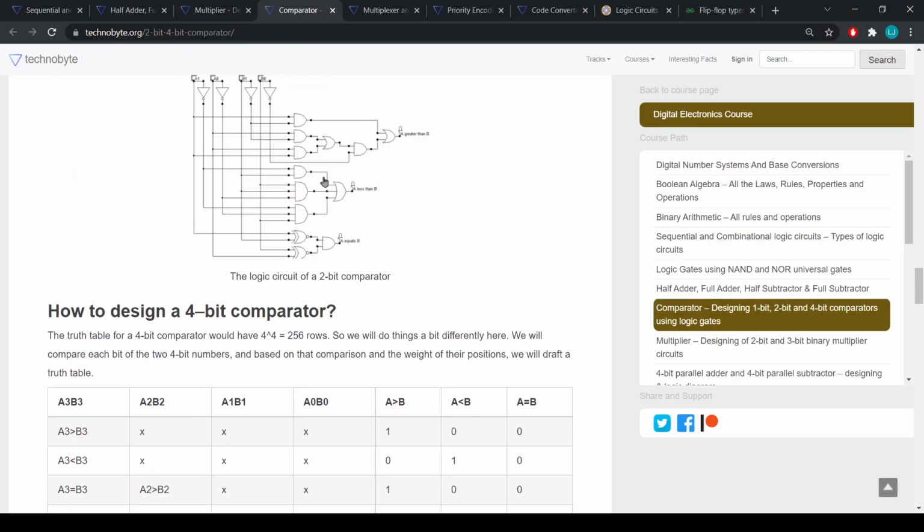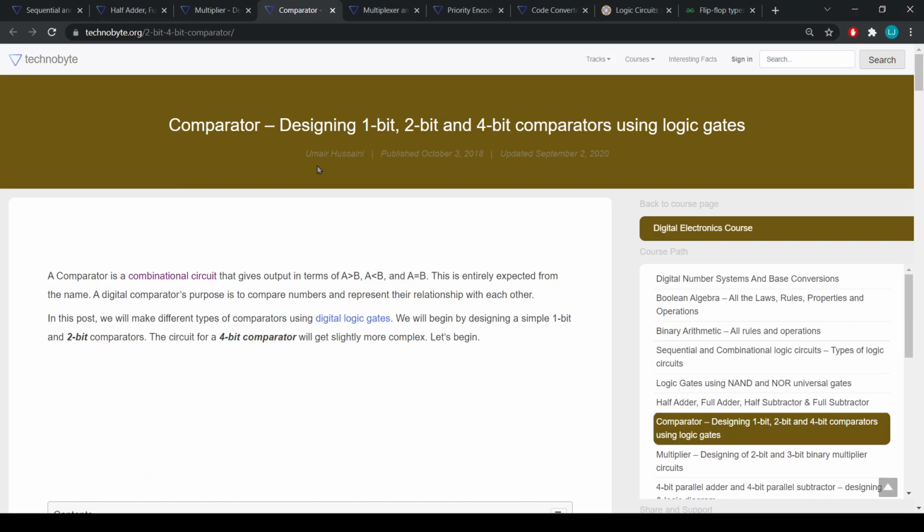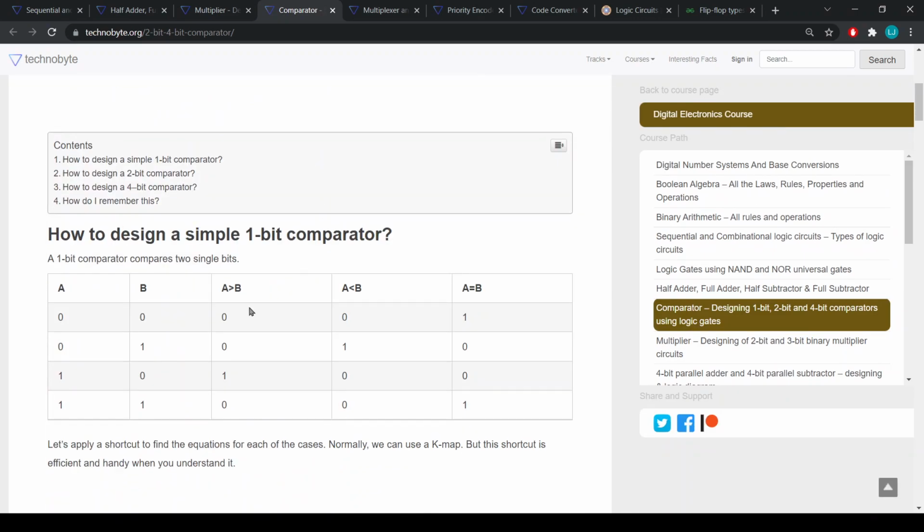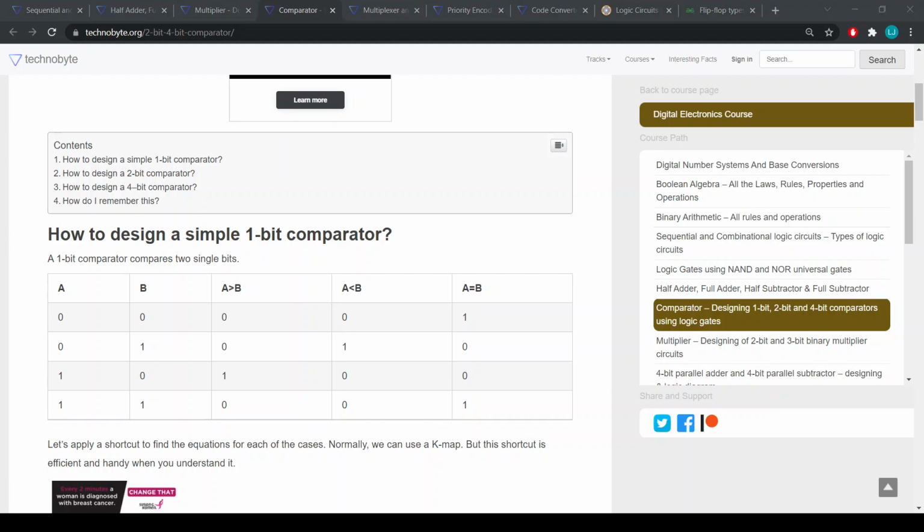For a comparator, we compare the two data or the two inputs, if A is greater than B, or A is less than B, or A is equal to B. So for example, A and B. If A and B are equal, we output 1.